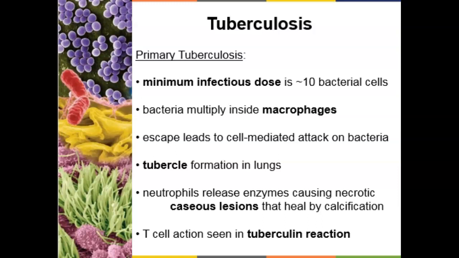But instead of being killed inside the macrophages, the tuberculosis organism can actually expand and multiply. And the escape leads to a cell-mediated attack on the bacteria. And that means that the T cells get activated. And those cells get drawn to the lungs, and you end up with the formation of tubercles.